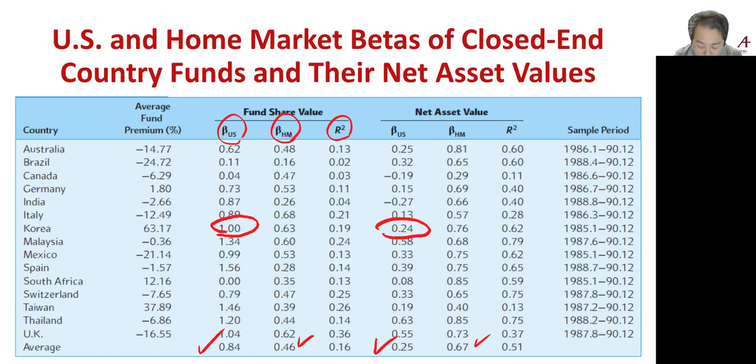Home country, 0.36 versus 0.76. In the case of Thailand, 1.2 versus 0.63, 0.44 versus 0.85. So it's pretty consistent.